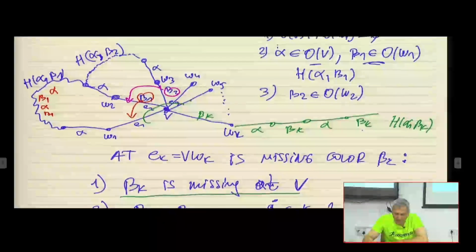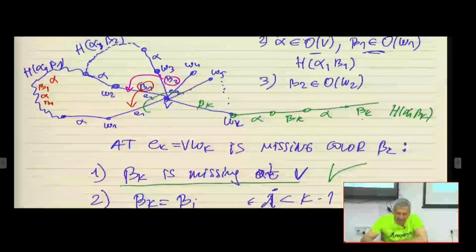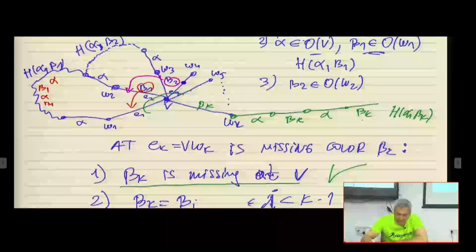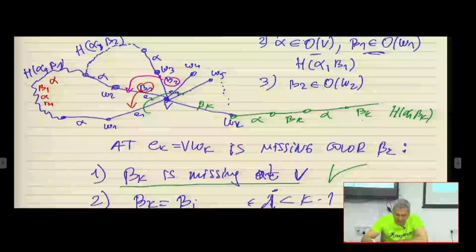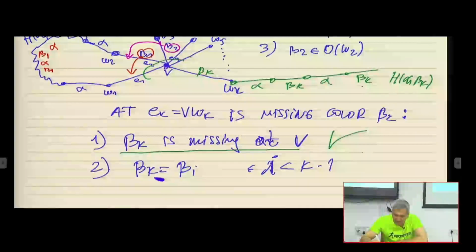So this case is done. At VK beta K is missing, and at V beta K is missing, then I can put beta K here and color this edge. Everything else is colored because I was moving this color here, moving this color here, and so on, moving the previous color here, beta K minus 1, which was here somehow. So in this case, beta K is beta I.